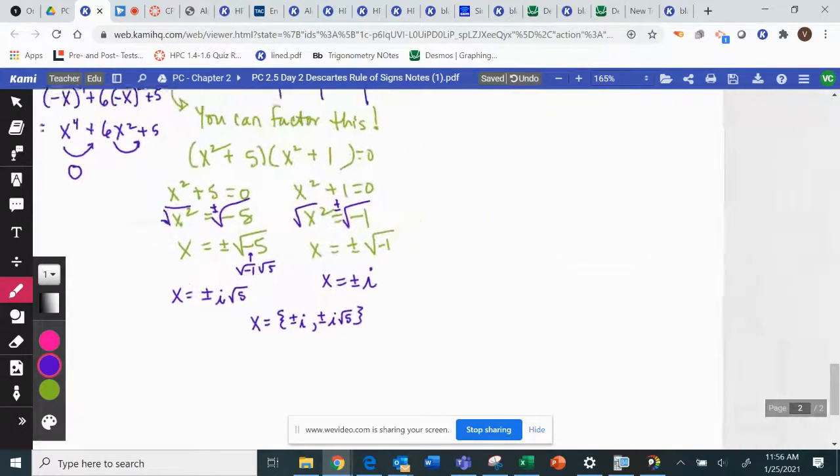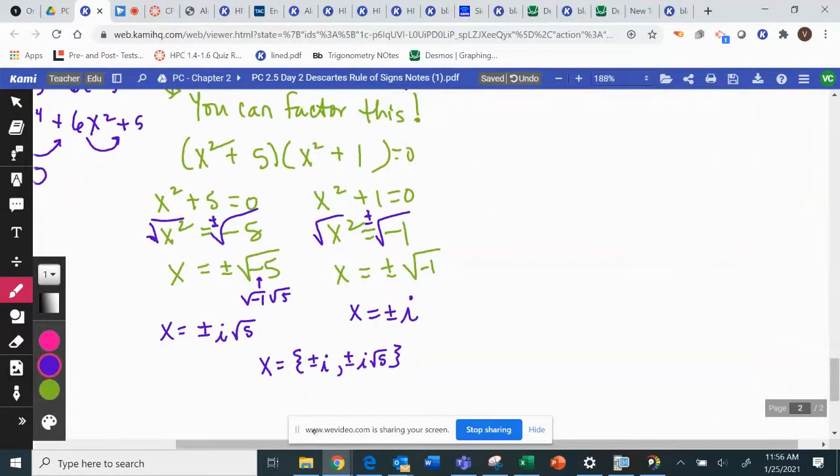By the way, we will eventually write this in factored form, so I'll just do it for fun. But you don't have to do it in your assignment at all, except for order-wise, I would probably go negative i square root 5, then negative i, then i, then i square root 5.